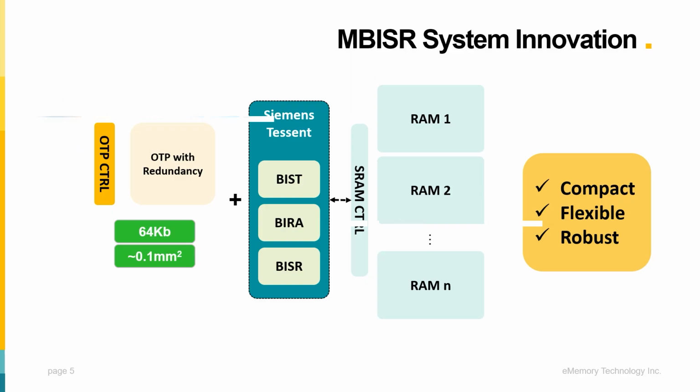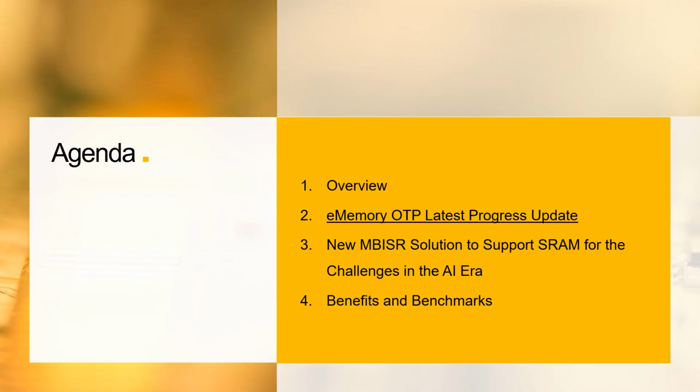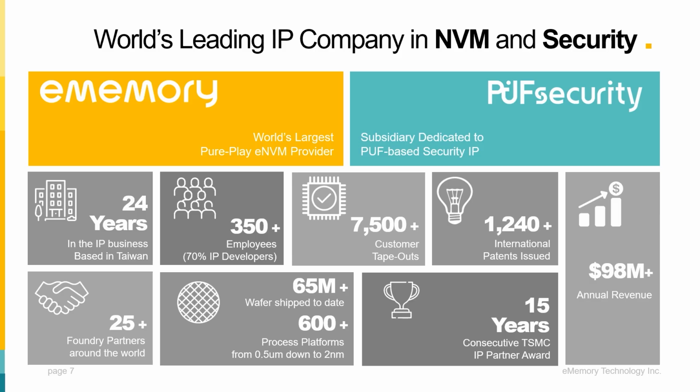Second part is about the eMemory OTP latest update. eMemory currently stands as the world's largest pure non-volatile memory IP provider. Since the establishment of our subsidiary PUFsecurity in 2019, we have expanded our offering beyond OTP and MTP-based IP to include digital and secure cryptographic IP solutions.